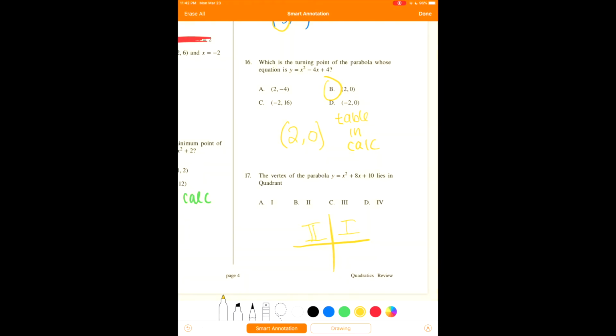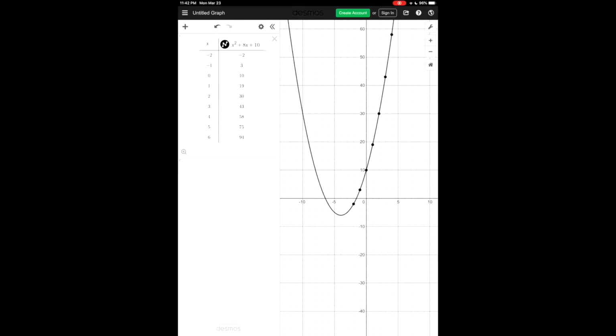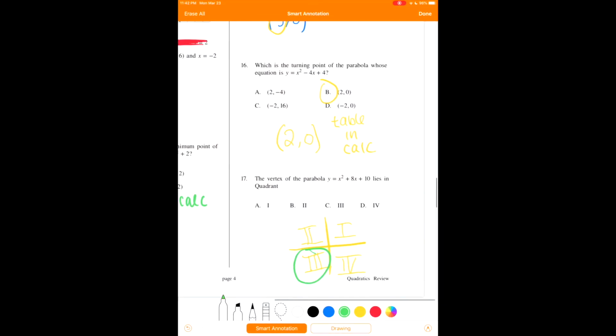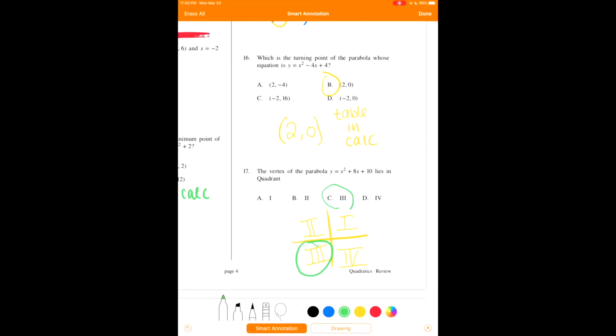Quadrant 1, 2, 3, and 4. Okay? So when I look at this graph here, this is my vertex down here. That's going to lie in quadrant 3, the bottom left. So that's quadrant 3. So my answer is choice C. That's a review.